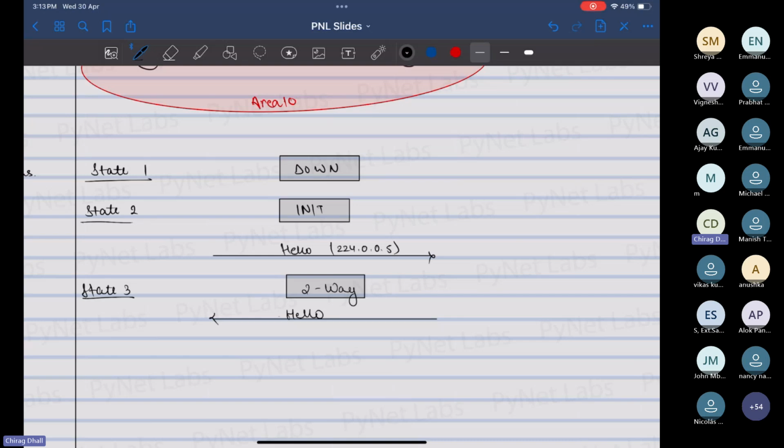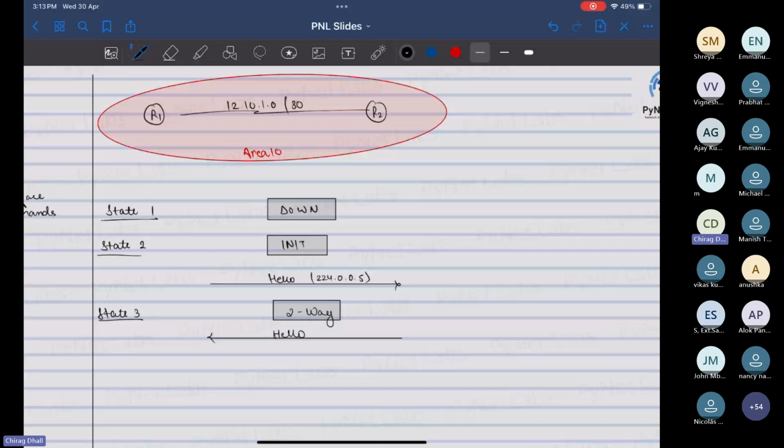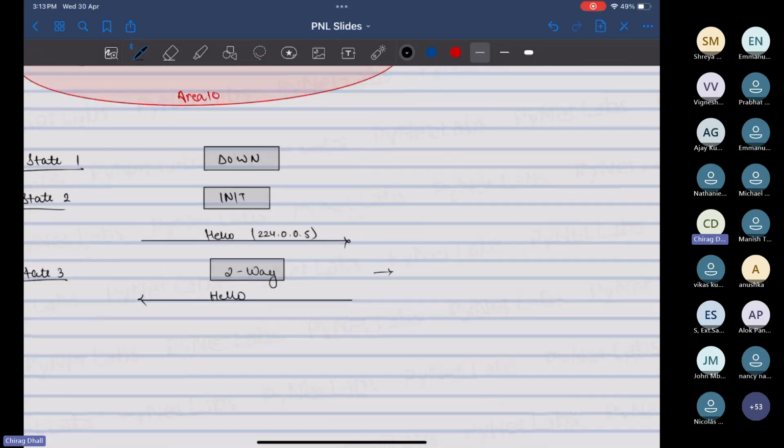So we compare all these parameters and try to figure out if the connected device is eligible to become a neighbor or not. Make sense? So when I exchange hello messages between R1 and R2, I will try to figure out if my area, my subnet, and my timers are the same or not. If everything is found to be correct, we consider the connected device as our neighbor and put the information about it into the first table of OSPF, called the neighbor table.